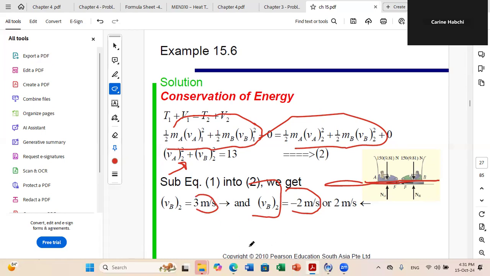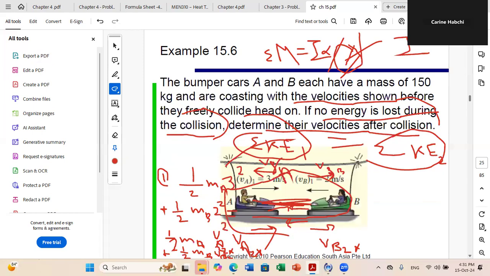You have two possible solutions. But if you go back to your given, VB at the initial state was -2. So it's impossible to have the same velocity after the collision. So you will reject this solution and you will opt for the second solution.